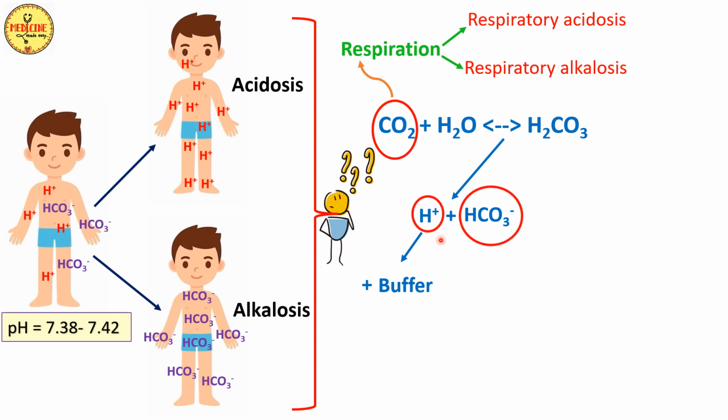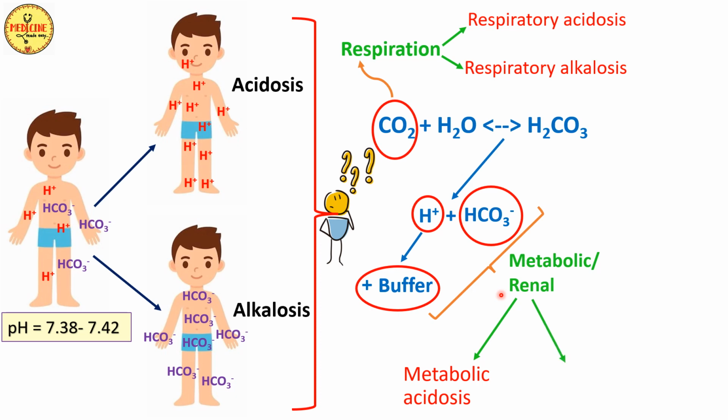Now when you come to hydrogen, bicarbonate and buffers, they are mainly regulated by the renal, or the metabolic components. So when you have a derangement of these ions, you will have either a metabolic acidosis or a metabolic alkalosis.